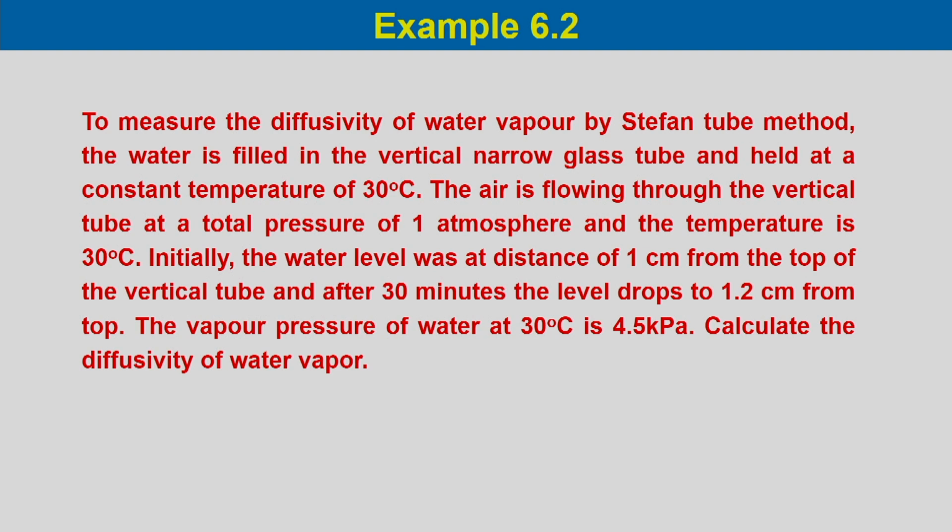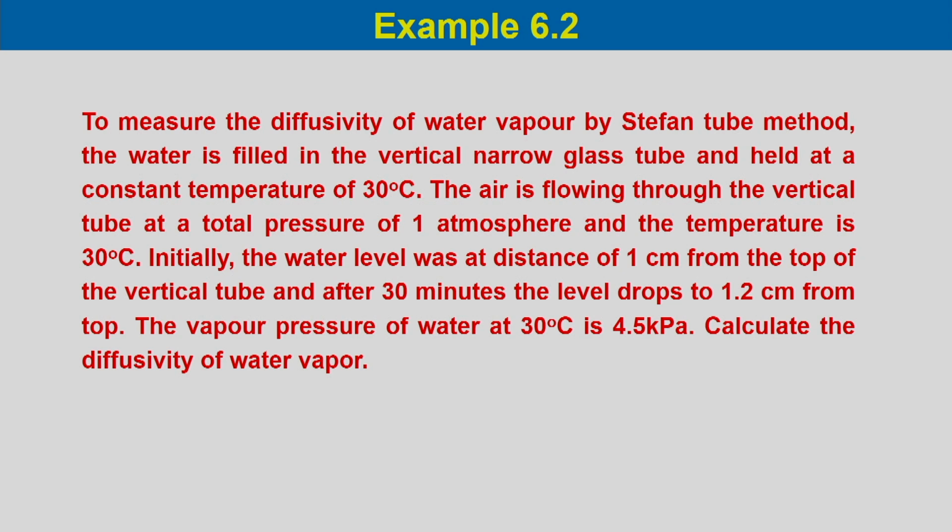Now, let us take an example. To measure the diffusivity of water vapor by the Stefan tube method, water is filled in a vertical narrow glass tube and held at a constant temperature of 30 degrees centigrade. Air is flowing through the vertical tube at a total pressure of 1 atmosphere and a temperature of 30 degrees centigrade.